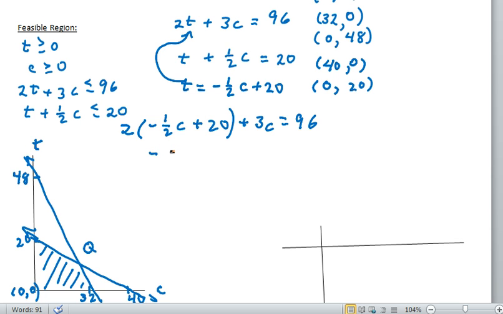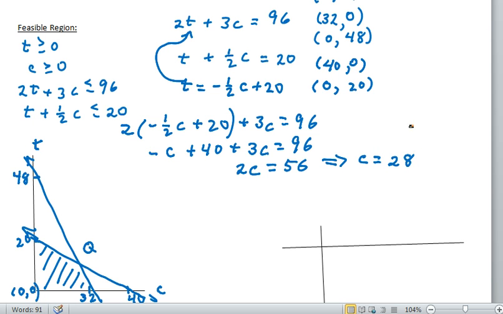Distributing the 2, we get negative 1C plus 40 plus 3C equals 96, which gives us 2C equals 56, which gives us C equals 28.